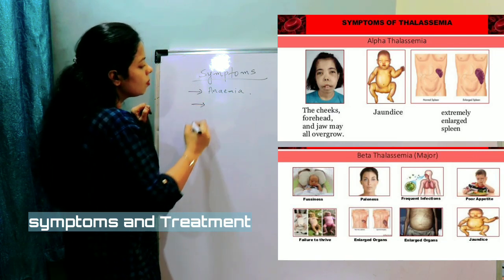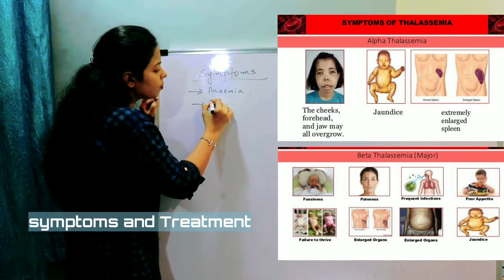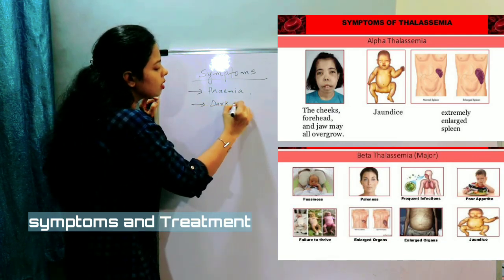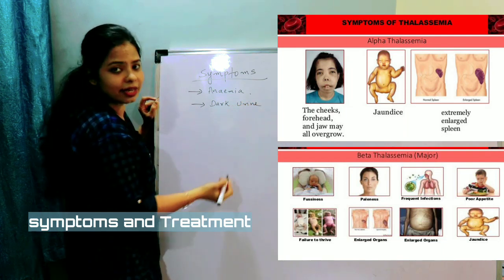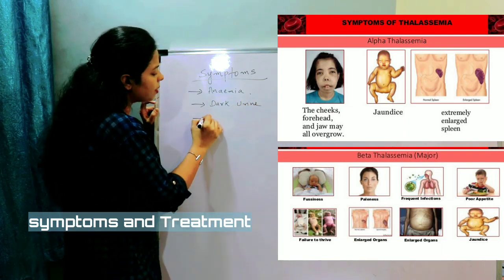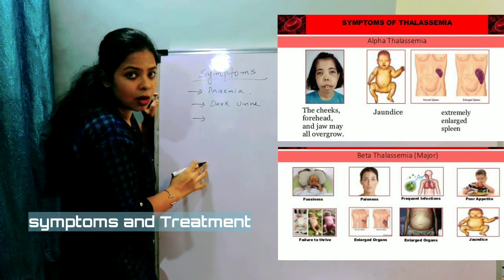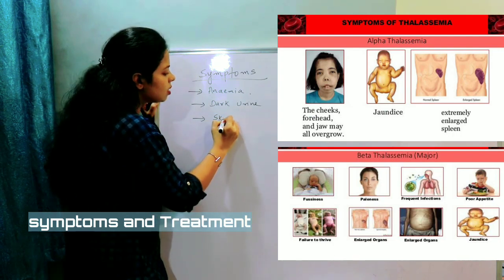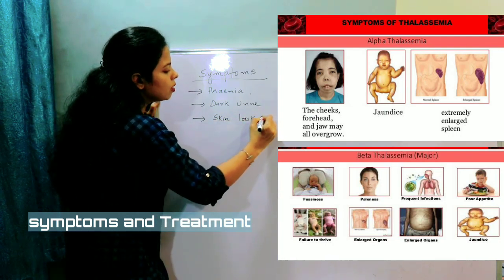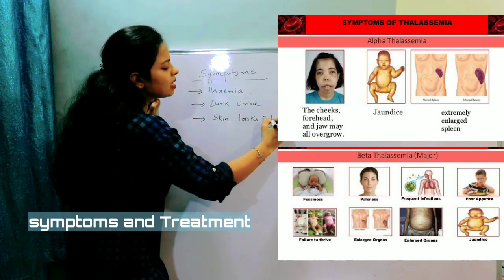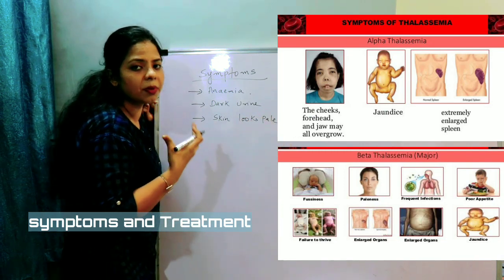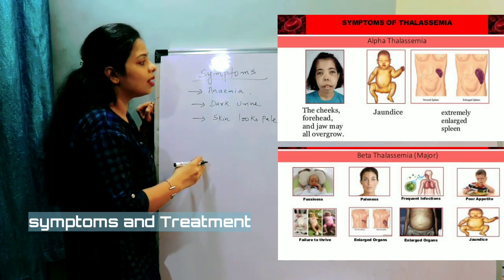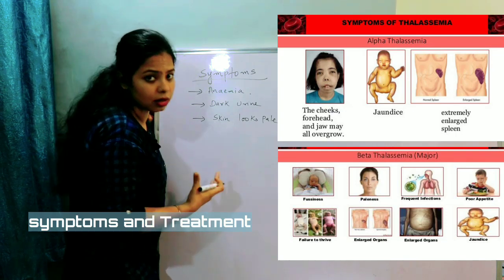Then dark urine is produced in this case. Then, if the person is suffering from anemia, the skin looks pale, because oxygen doesn't reach all the parts of the body, and therefore lots of weakness occurs.